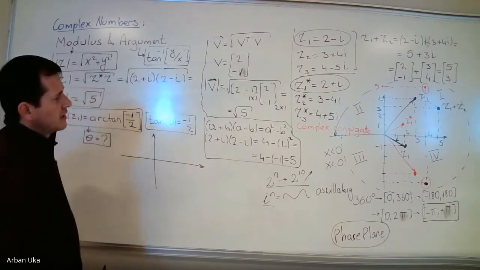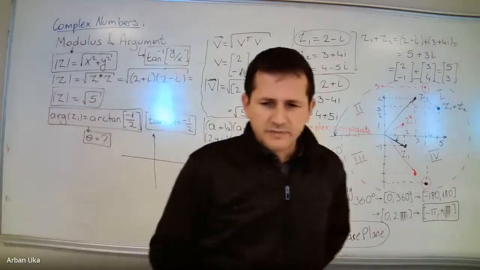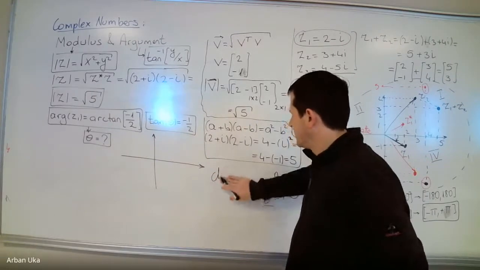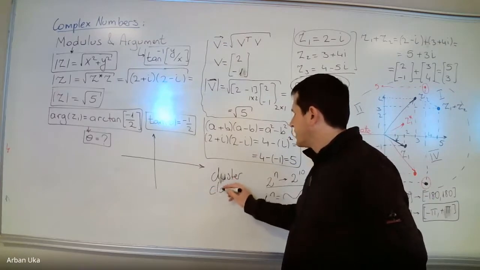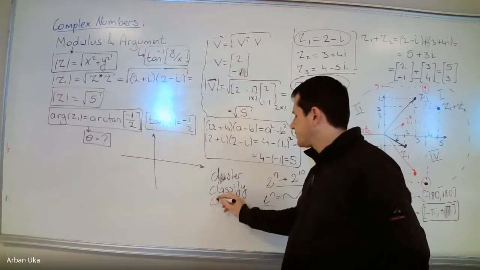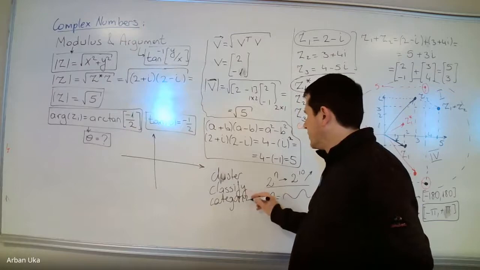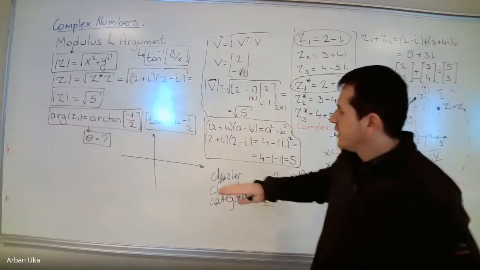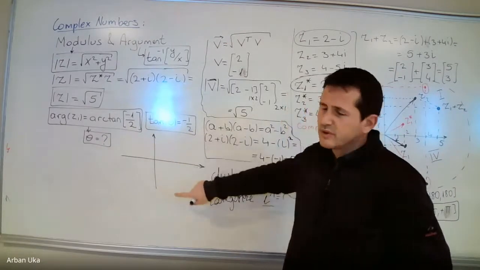So what you can say is the following. You might cluster, classify, or categorize complex numbers. We can separate them into 2 different domains, whether a complex number is above the x-axis or below the x-axis.